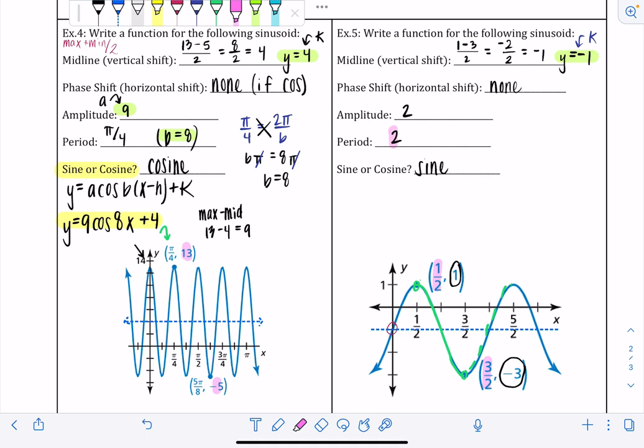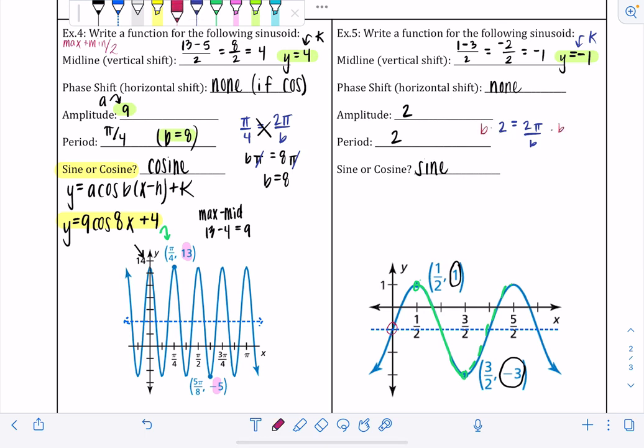Before we can write our equation, we know the period, but we just have to find b. So we take the period 2 and set it equal to the formula for period, 2 pi over b. I can think of this as 2/1, and then cross multiply, or you could just multiply both sides by b.